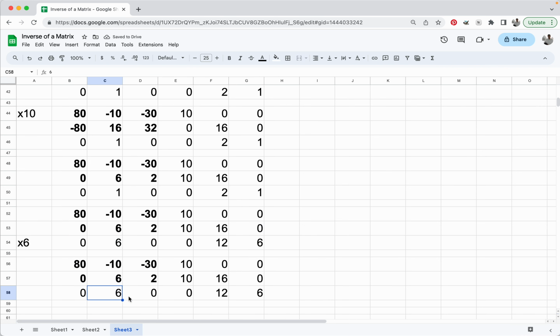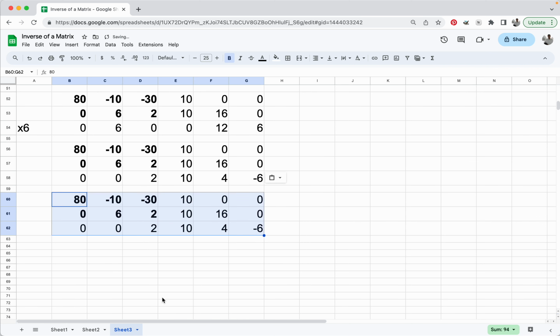Zero minus 0 is 0, 6 minus 6 is 0, 2 minus 0 is 2, 10 minus 0 is 10, 16 minus 12 is 4, 0 minus 6 is minus 6. Alright, I divide by 2 so that this will become 1. Divide by 2, okay. 2 by 2 is 1, 10 by 2 is 5, 4 by 2 is 2, minus 6 by 2 is minus 3.